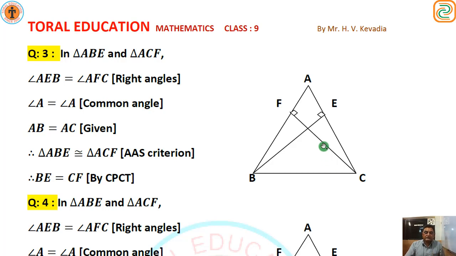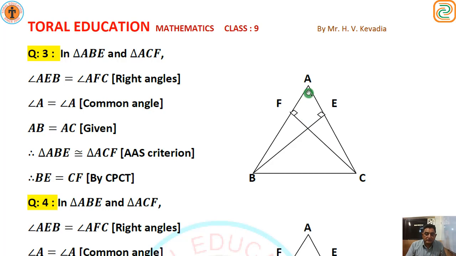Let's consider two triangles, triangle ABE and triangle ACF, right? What can we say? Angle AEB equals angle AFC, both are right angles.